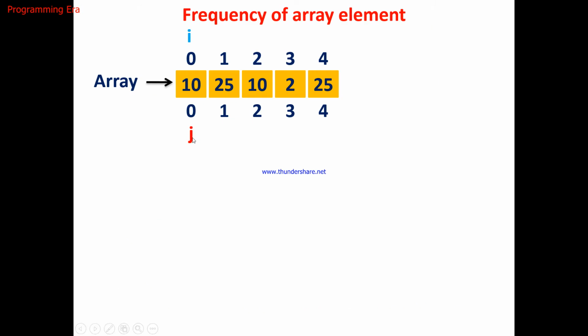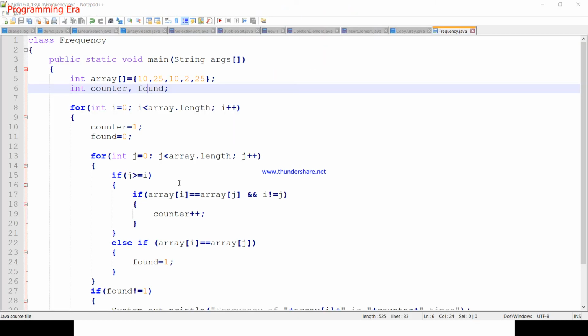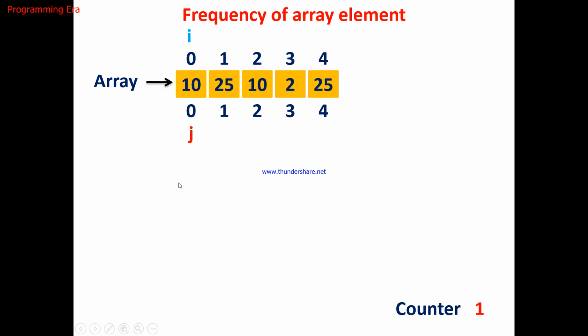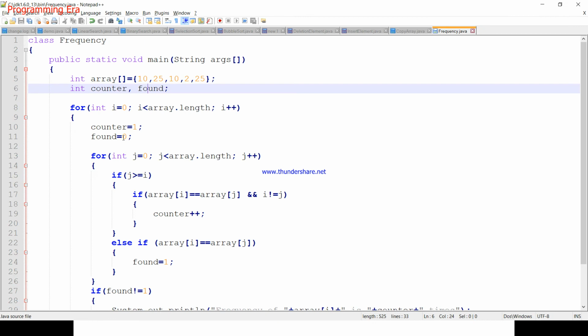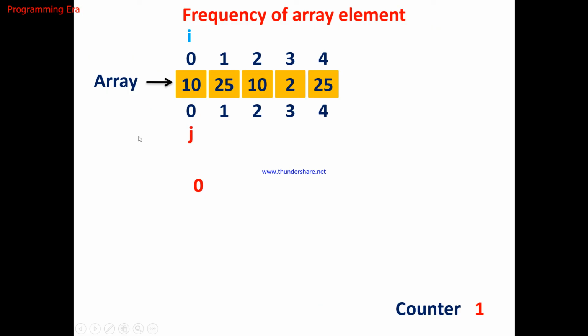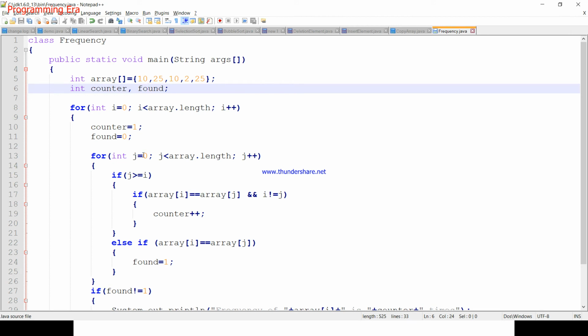This is the ith loop, this is the jth loop. Now, counter is initially 1 and count is also initially 0. Now first of all, j is 0, 0 is less than length 5, and i's length is also 5.